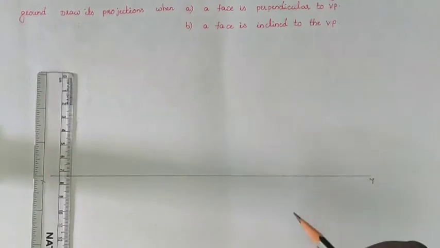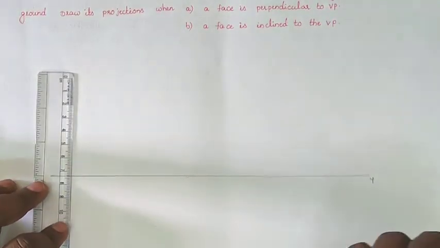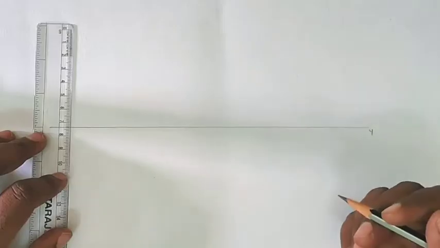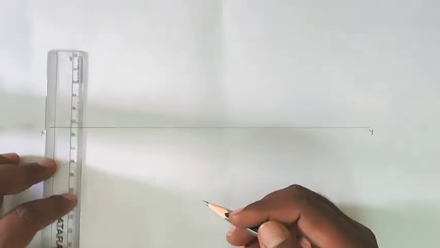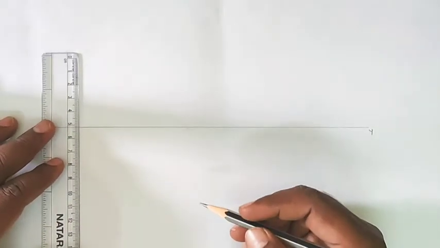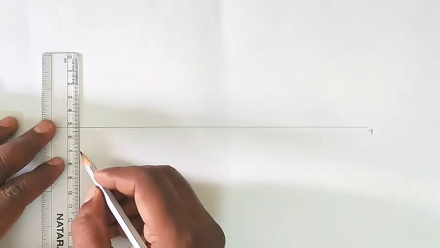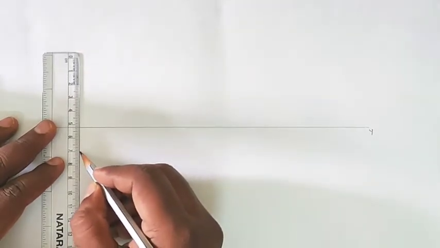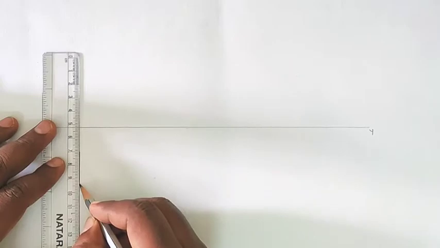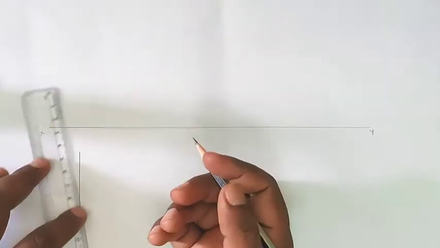So when a face is perpendicular to the VP, we draw the top view as the base with a side perpendicular to the reference line. The prism side length is given as 40 mm. So this is the top view of our diagram.